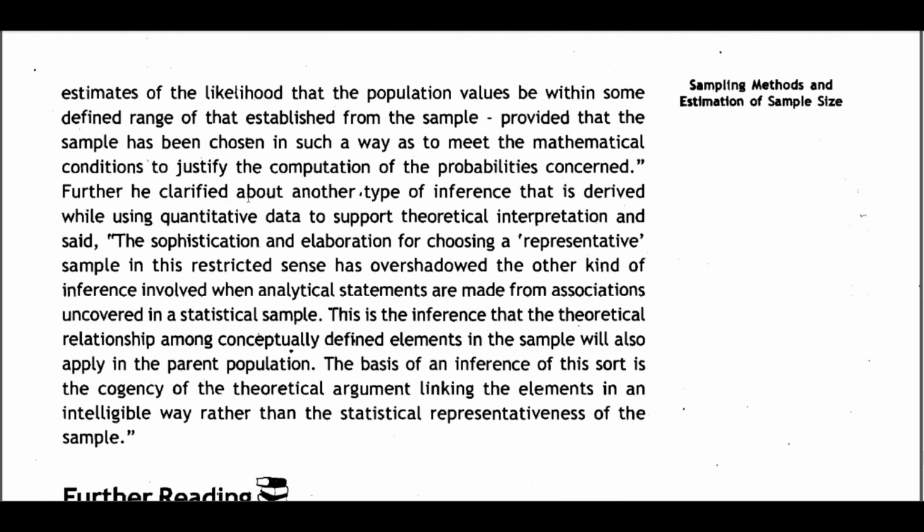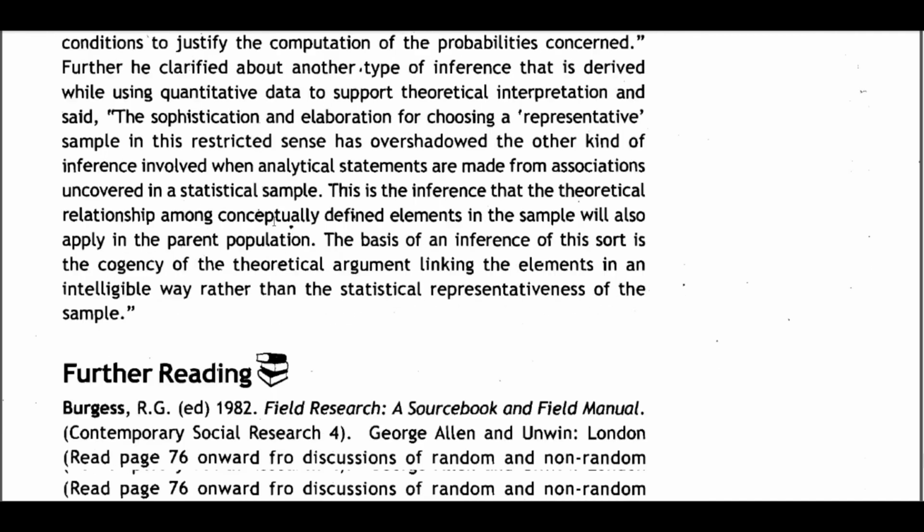Further, he clarified another type of inference that is involved while using quantitative data to support theoretical interpretations, and said that the sophistication and elaboration for choosing a representative sample in this restricted sense has overshadowed the other kind of inference involved with analytical systems. Statements are made for associations uncovered in a statistical sample.